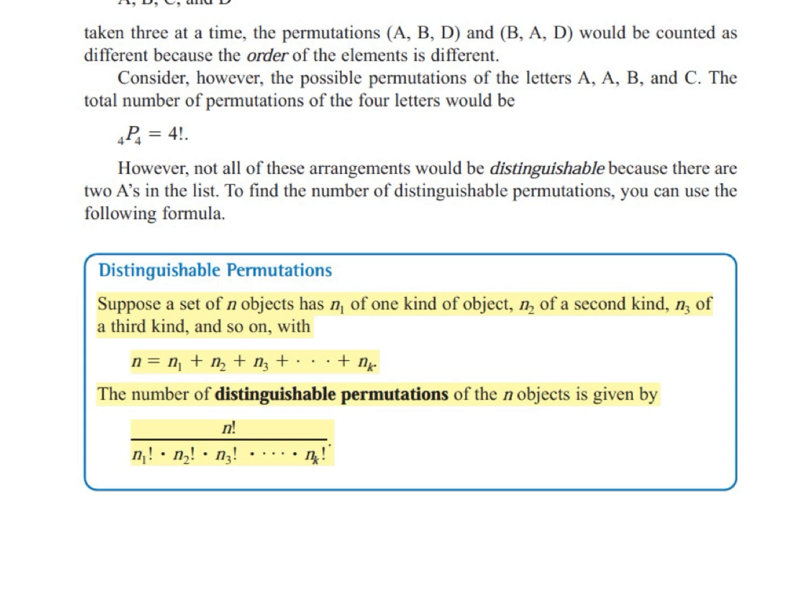Next, we're going to talk about the number of distinguishable permutations. Distinguishable permutations, it's going to ask you for that word specifically. It'll say distinguishable permutations. If it asks for distinguishable permutations, it wants us to divide out the repeats.